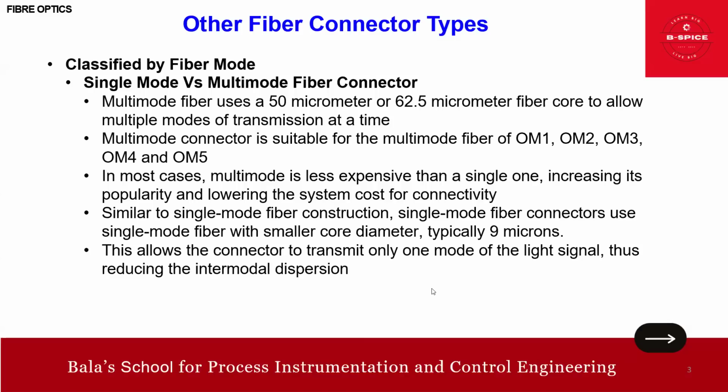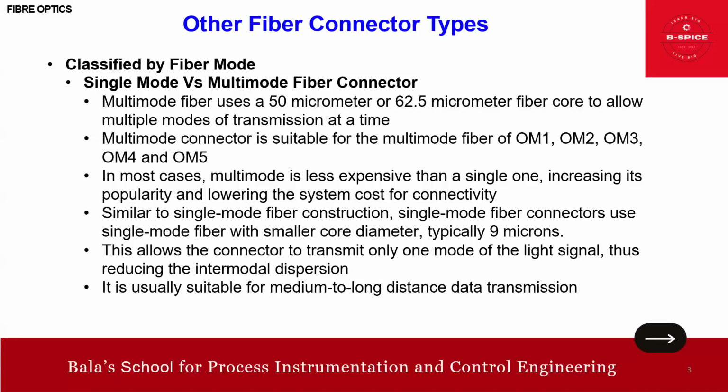This single mode connector allows the connector to transmit only one mode of light signal, thus reducing the dispersion. That is the advantage here. And it is usually suitable for medium to long distance data transmission.